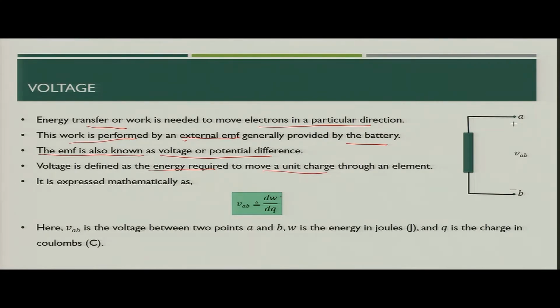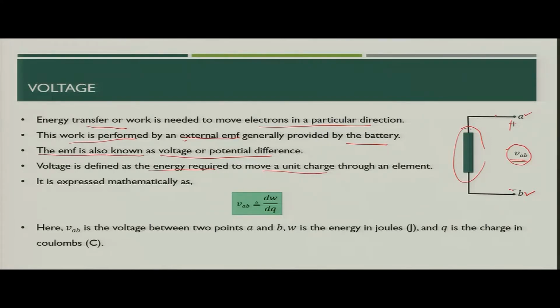If you see this figure, the element is represented here, and you have two terminals, one positive and another negative. The potential difference, that is the voltage, is given as VAB. Now, you need to find the value of VAB.